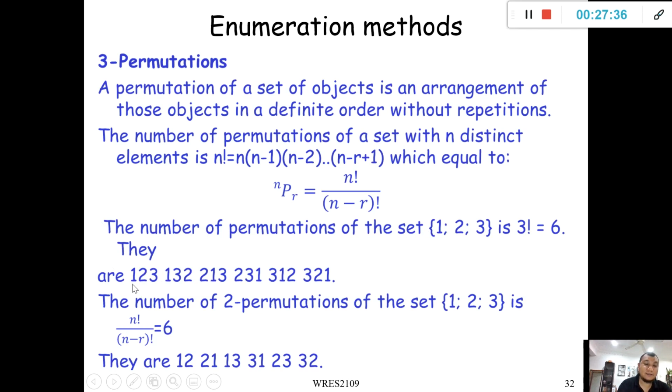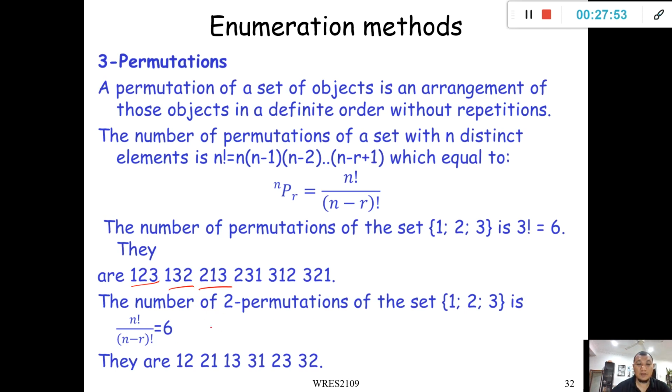You can see the order is important. The number of permutations of the set 1 2 3 is 6.